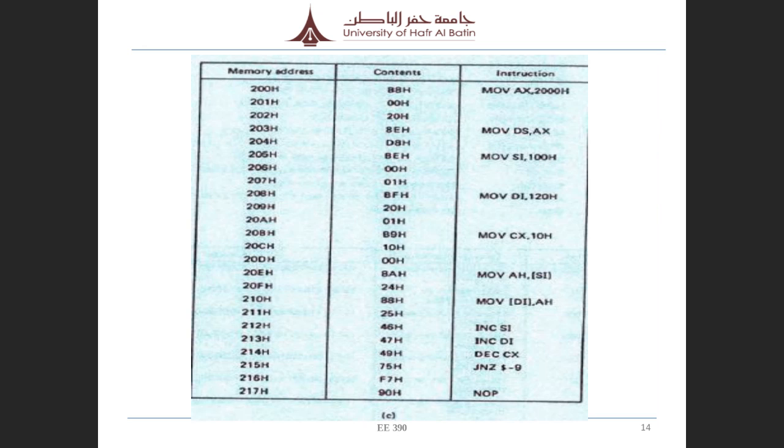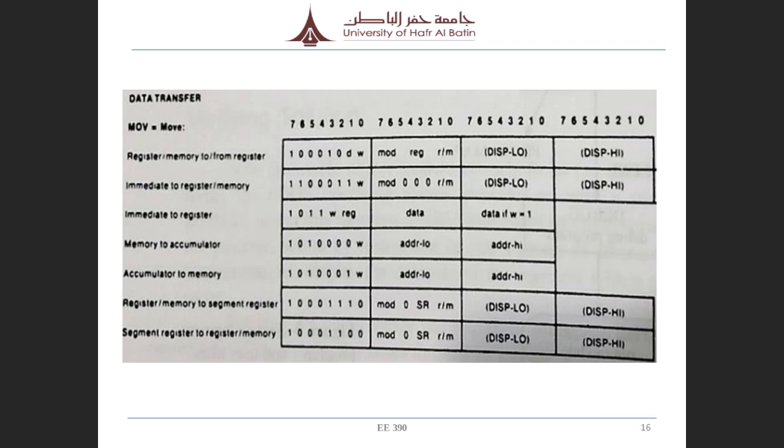Let us have a look at which format we can use. Memory to register. In the first line, the first one is okay: register or memory to or from register. We can say memory to register. All of you get it? Which format is this one?